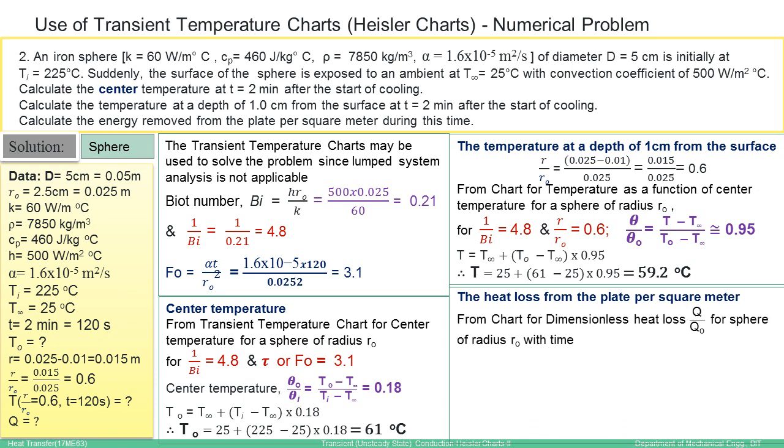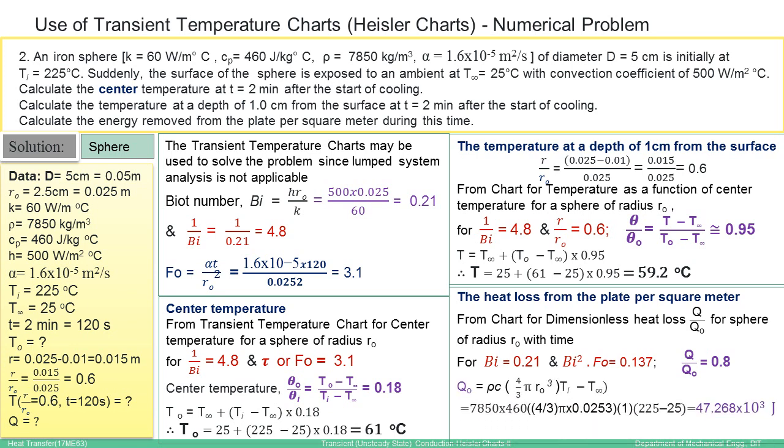To find out the energy removed or heat loss from the sphere, by using the dimensionless heat loss chart for sphere of radius r naught, by using Biot number 0.21 and Biot number squared multiplied by Fourier number equal to 0.137, we can get Q by Q naught is equal to 0.8.